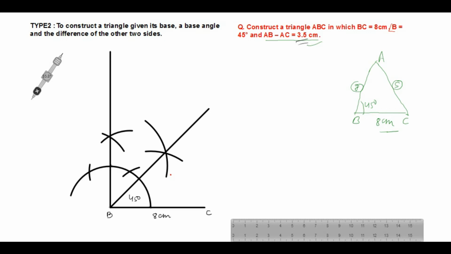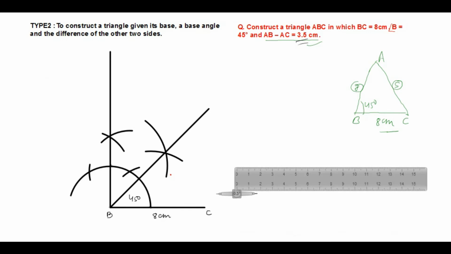So first take 3.5 centimeter in your compass, and from the point B cut one arc of 3.5 centimeter on this line.